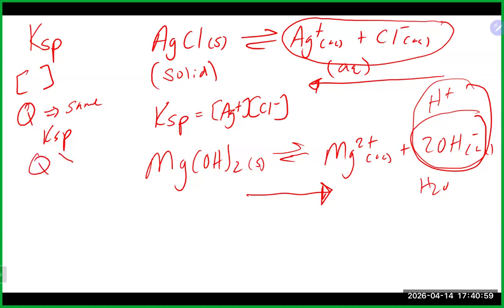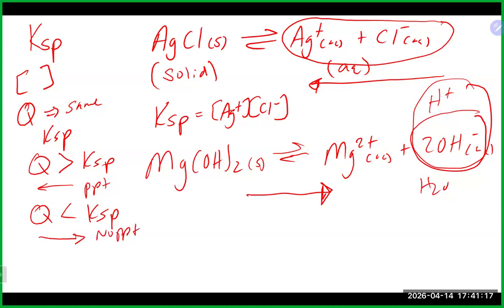If Q is greater than the KSP, we would expect a solid to form, as it should shift this way, and we would expect to precipitate. If Q is less than the KSP, we would expect no precipitate, as it should shift to the right. And if Q equals KSP, then you're at the point where you will see a solid start to develop pretty soon, since it is a saturated solution at that point.